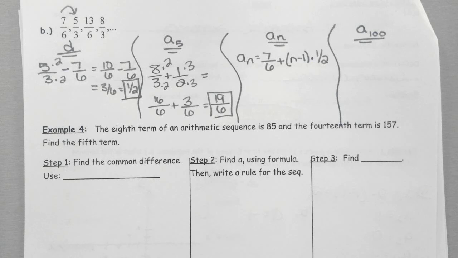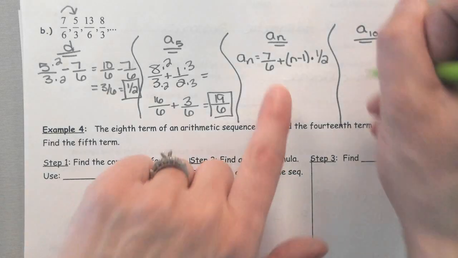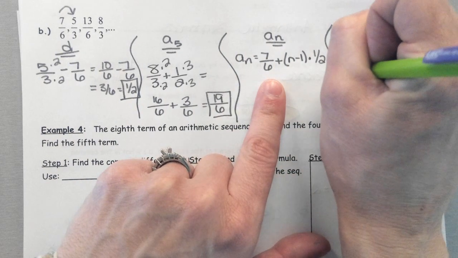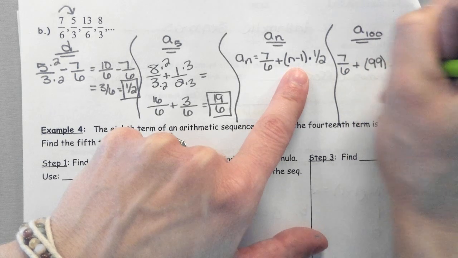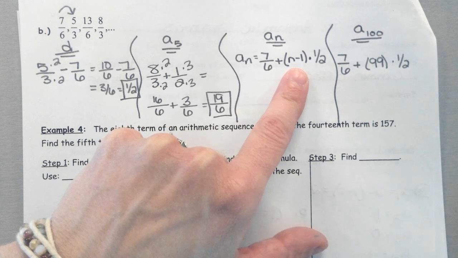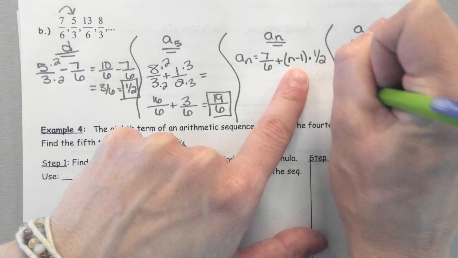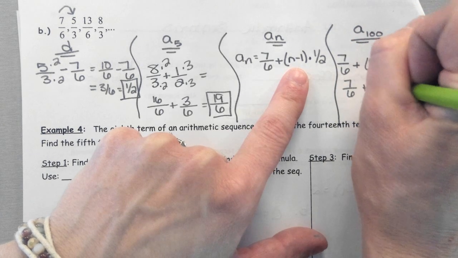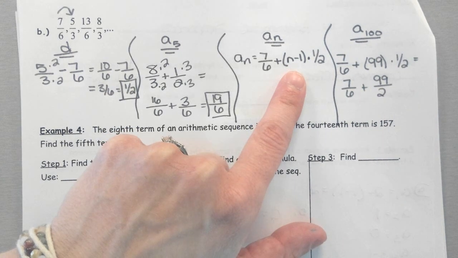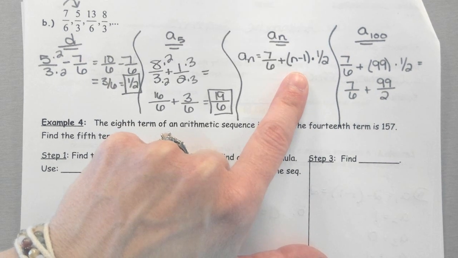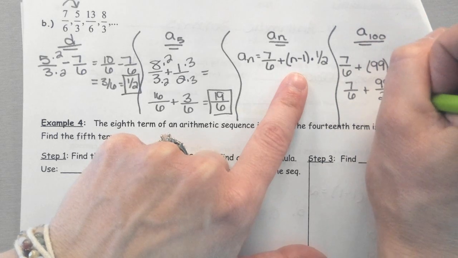How can I find 100 then? The 100th term. A sub 100. Plug in 100. So I've got 7 over 6 plus 100 minus 1 gives me 99 times 1/2. So I've got 7 over 6 plus 99 halves. Who doesn't need 99 halves? Alright, I'm going to multiply top and bottom by 3.